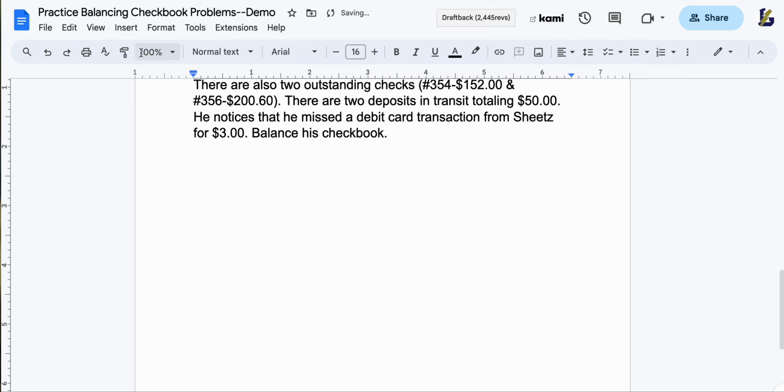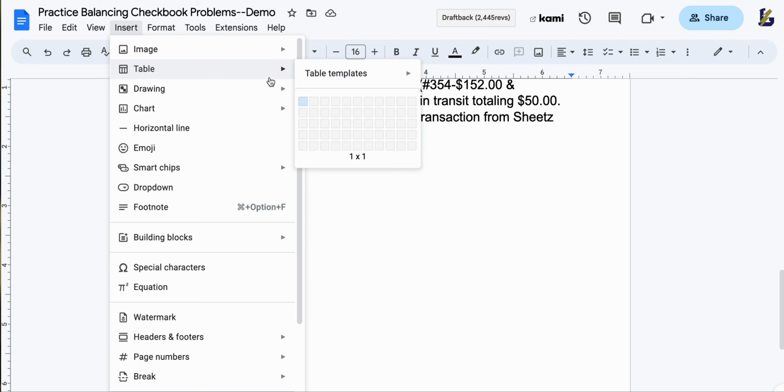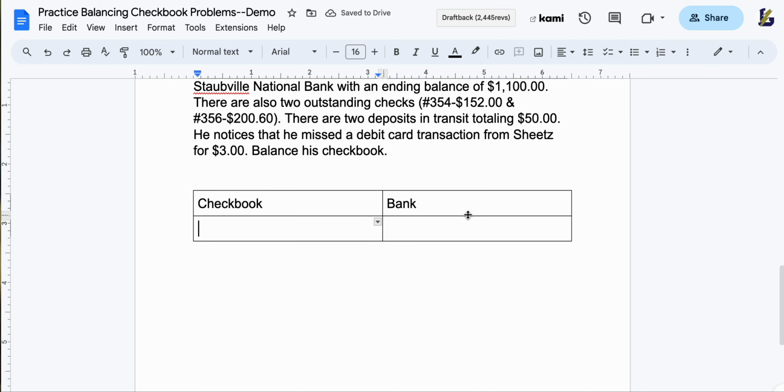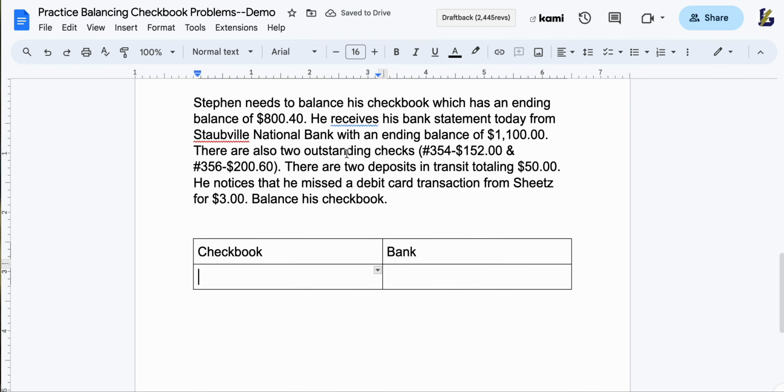Same thing. Go ahead and set up a two-row, two-column table. One is going to be checkbook. The other is going to be bank. If you look at my buddy Steven here, he's got an ending balance in his checkbook of $840.40.